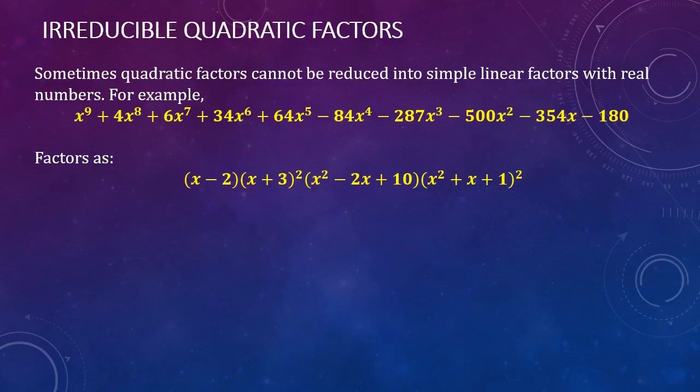Sometimes equations are going to be a little bit more complicated, and sometimes we're going to have factors, specifically quadratic factors, that cannot be reduced into simple linear factors with real numbers.